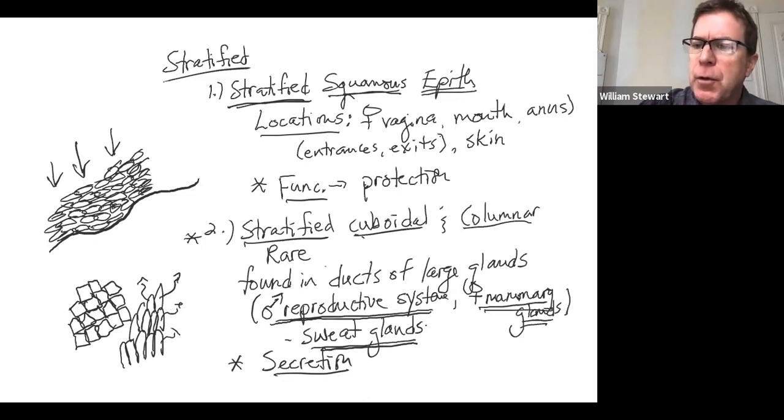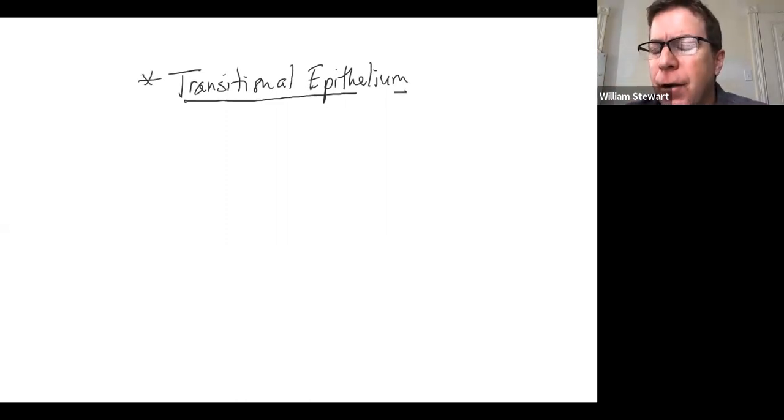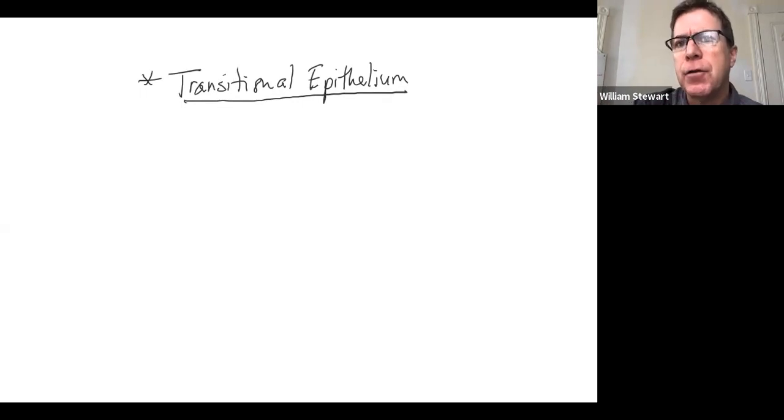I'm going to call up a new whiteboard and talk about two more epithelial tissues: transitional epithelium. This is a special tissue that doesn't really fall into the category of either simple or stratified, and I'll tell you why. First, its location.